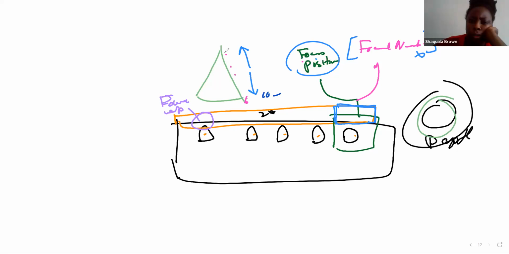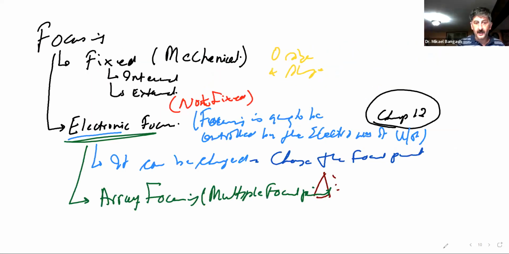Good. Now this knob here has another function, and that is electronic focusing, which we will call array focusing. Any transducer we have with this capacity is going to be called an array transducer.